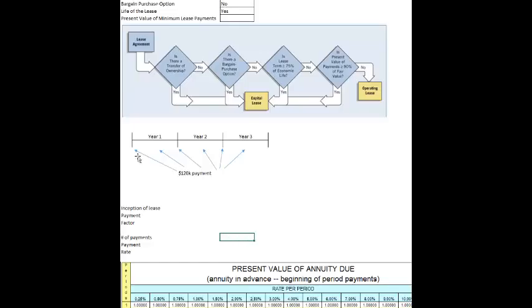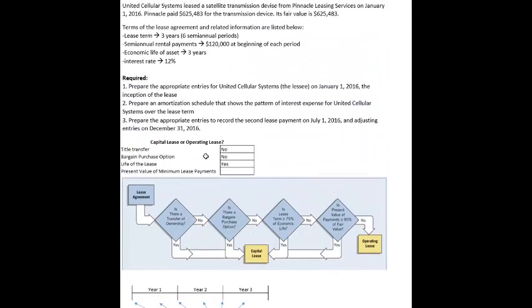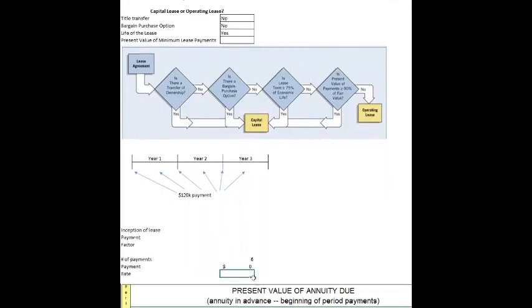So the number of payments, if we count all those up, we're making 6 semi-annual payments. The rate of return is 12%. However, that's an annual rate. Since we're making payments every 6 months, we cut that in half. The payment is 120. That's the size of the payment. The rate is 6%. So 6 payments at $120,000 at a 6% rate.